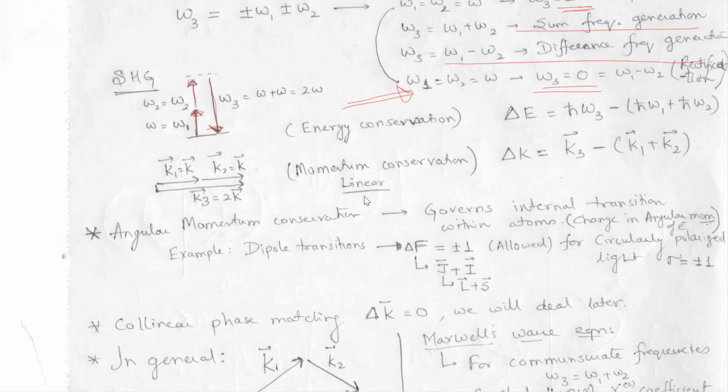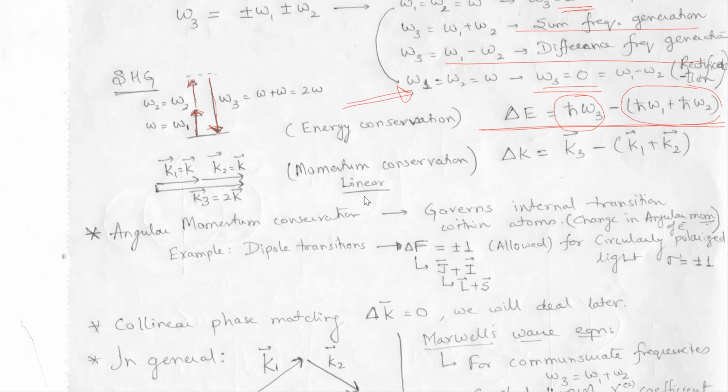That would mean that omega 1 plus omega 2 should be omega 3, right? This is obtained through energy conservation, where one is looking at the difference between the generated field and the input fields.